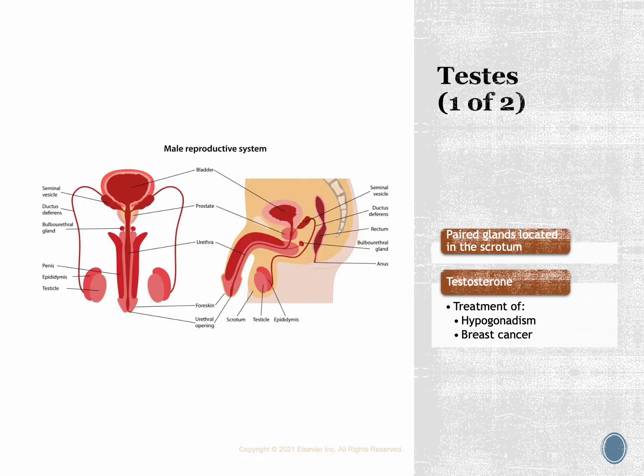And then lastly, the testes are paired glands as well, similar to the ovaries, and they are located in the scrotum. They have specialized cells called Leydig cells, and those are the ones that produce the male sex hormones, testosterone and androgen. Collectively, the male sex hormones are called androgens.